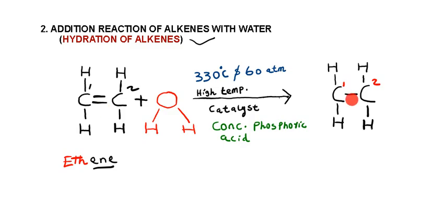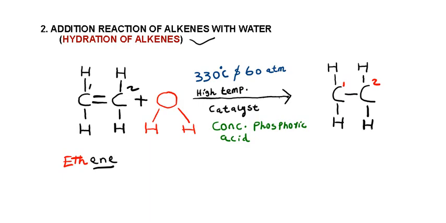And when it remains, it will give room for this first carbon and this second carbon to bond with atoms of this water. And that's why we call it an addition reaction.